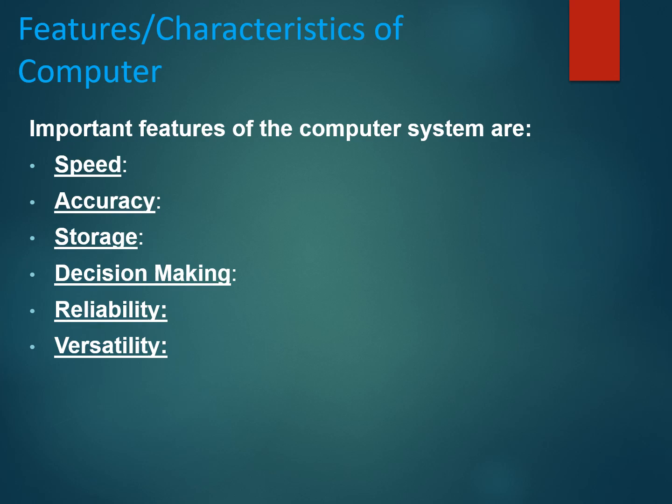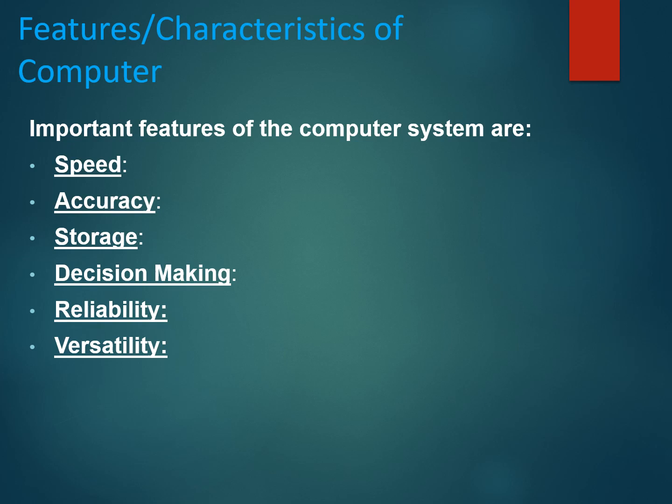Storage. A computer is capable of storing a large volume of information. Decision making. A computer is capable of making decisions based on the set of instructions or information provided to it. Reliability. Computers can carry out the same type of work repeatedly without throwing up errors due to tiredness, which are very common among humans.